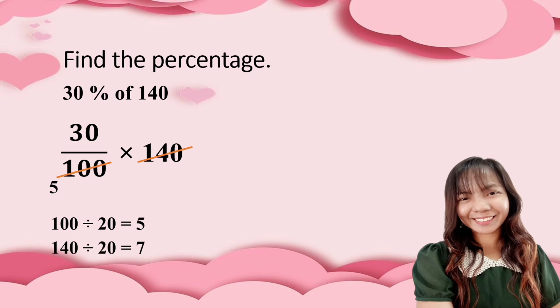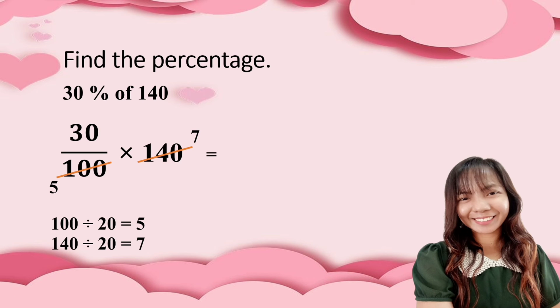And 140 divided by 20 equals 7. So you have to think of the greatest common number to both 100 and 140. It must be the same number.